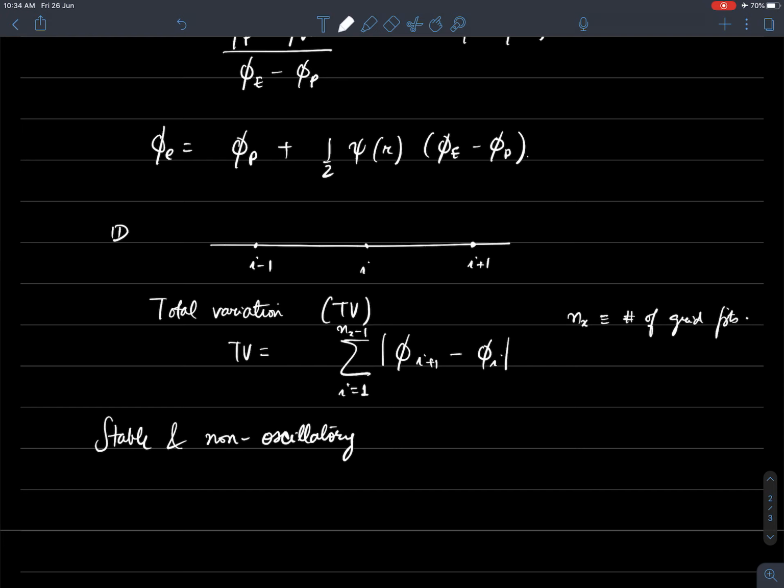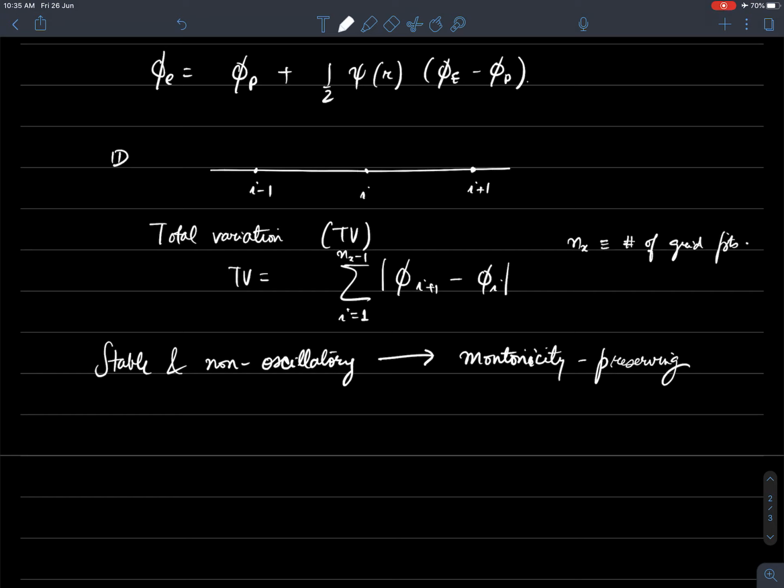Now a higher order scheme which is stable and non-oscillatory, one of the desirable requirements for a higher order scheme to give us both characteristics is that it should be monotonicity preserving. So if a scheme is monotonicity preserving in nature, then we can get both stable and non-oscillatory behavior.